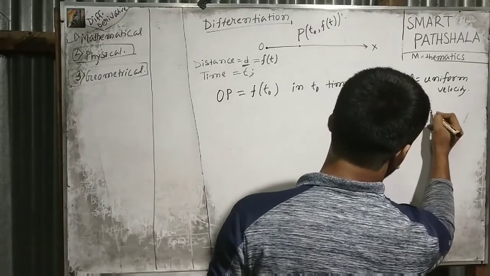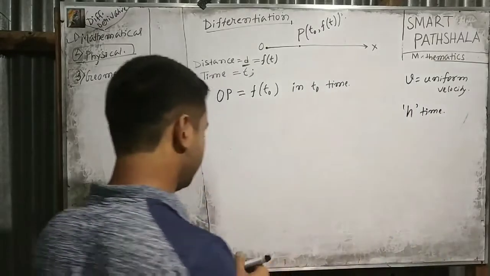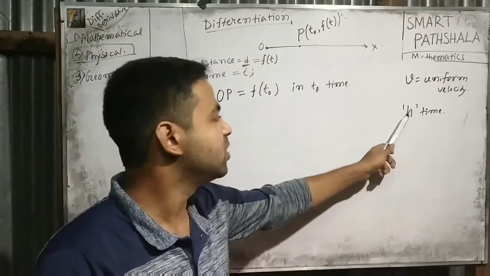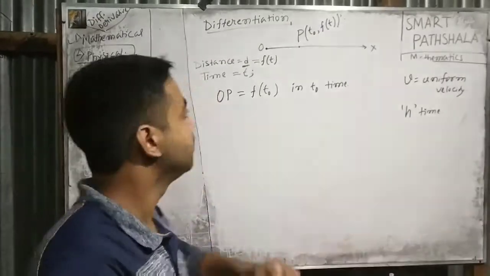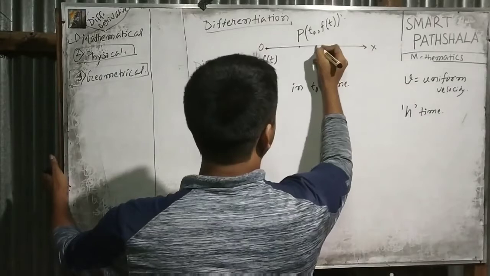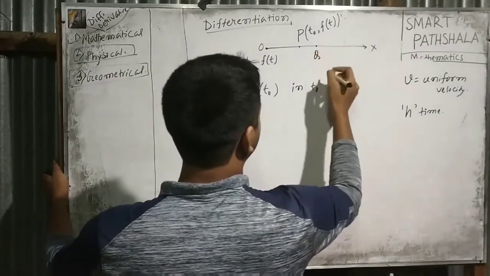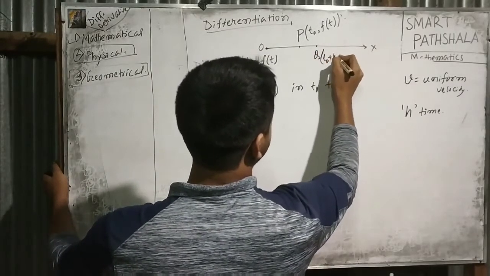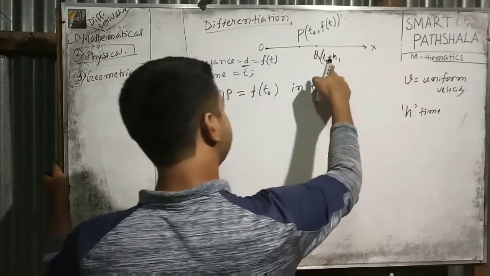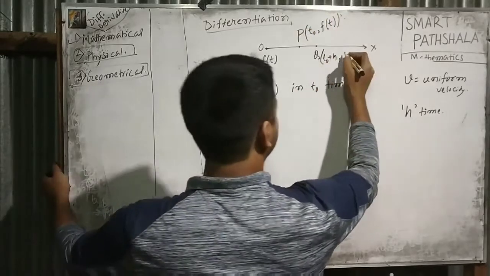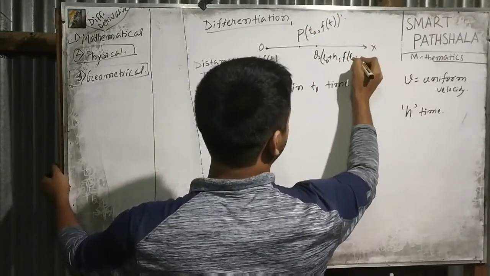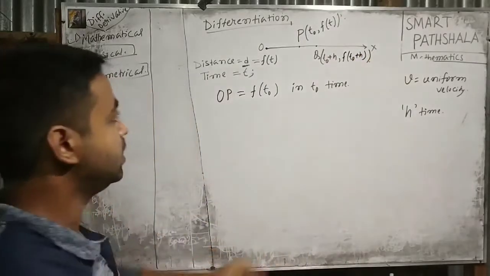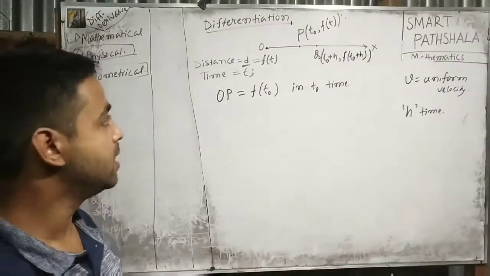Now, suppose I travel from this point P more h time. I am here now at this location. I travel more h time, suppose h minutes, seconds or hours. So I go to this point Q. At this point Q, the time becomes t0 plus h, and then the distance becomes f of t0 plus h.